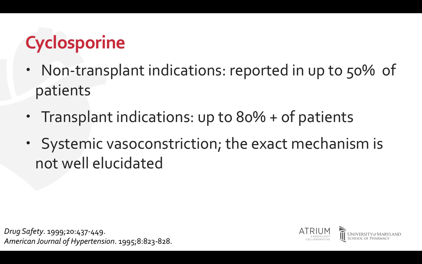In patients who receive cyclosporin and develop hypertension with therapy, the preferred treatment option is a calcium channel blocker. The use of diltiazem and verapamil is commonly used as we take advantage of the drug interaction.